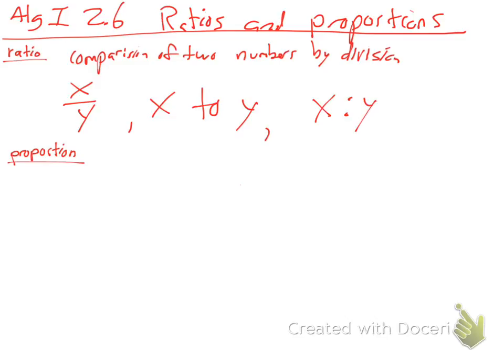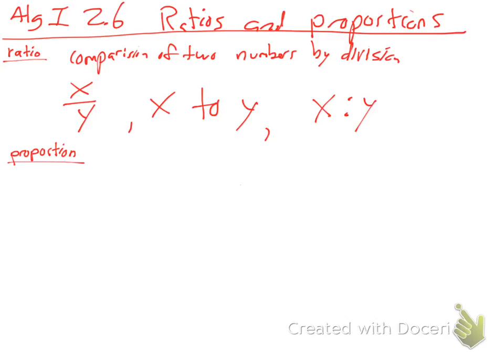I'm not exactly sure what that's called. But those are all ratios. Those are comparing numbers by division. So 2 to 4 is a ratio of two things to four things, right?